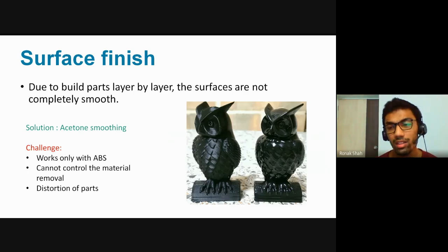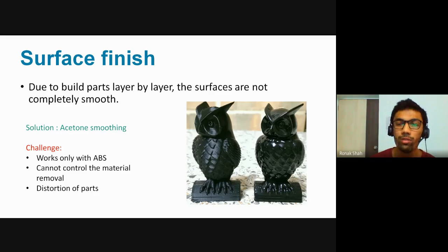Now, the third way to improve the surface finish is the acetone smoothing method. This method is only applicable for ABS material. In the image, you see how the owl was printed layer by layer, and then using acetone smoothing, it got smooth and had a glossy finish.